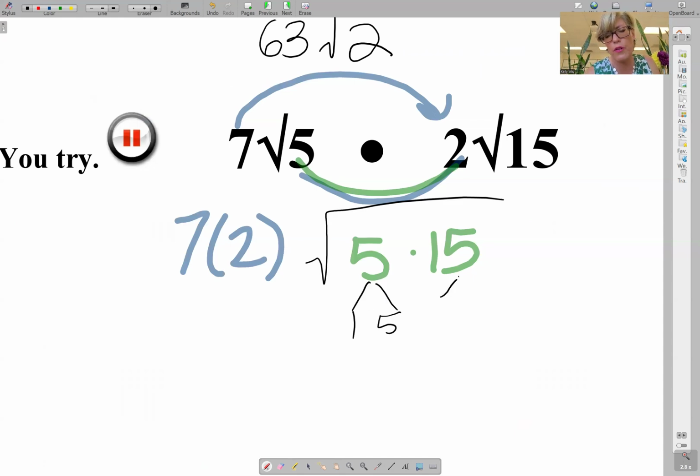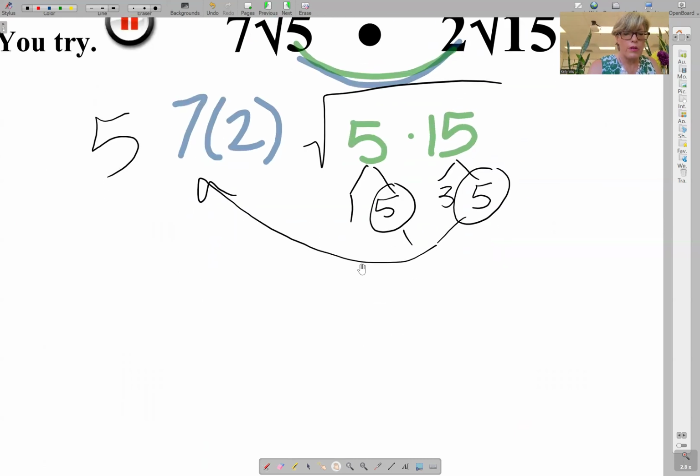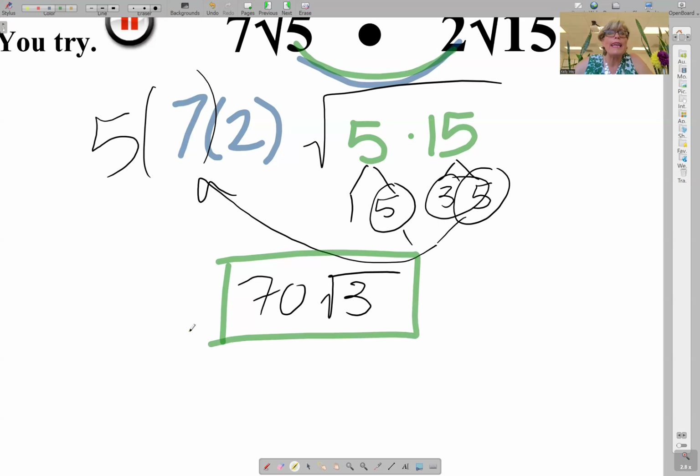It's 1, 5, 3, 5. I have a date of 5s. They come out. So 5 times 7 is 35, times 2 is 70. Root, who stays home, no date, 3. You're done. Outies, innies, simplify.